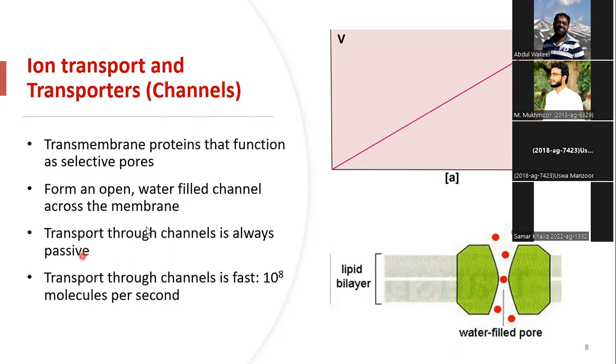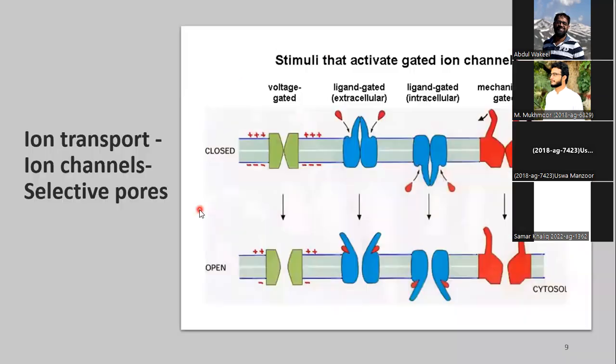And as I mentioned that these are selective pores, it means the higher the concentration of that ion, they can move very easily through these pores.